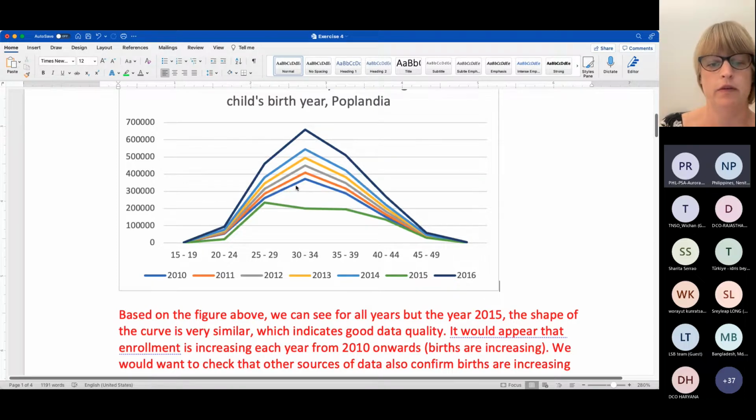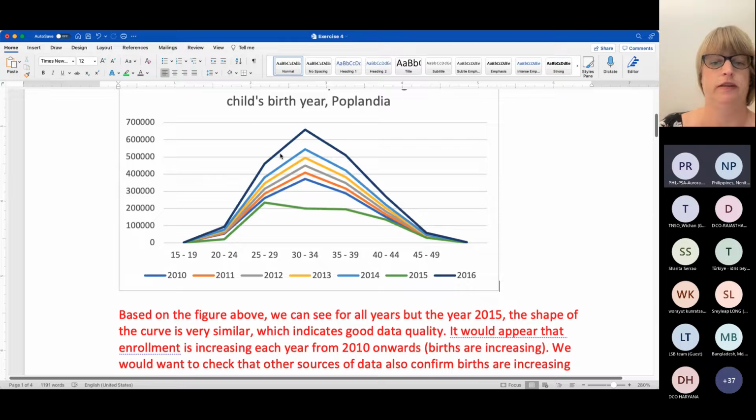It seems as though from 2010 on, the enrollment is increasing. So it's strange that 2016 is at its highest, but here we have quite low numbers for 2015, and the shape is not the same. Something seems off about 2015.